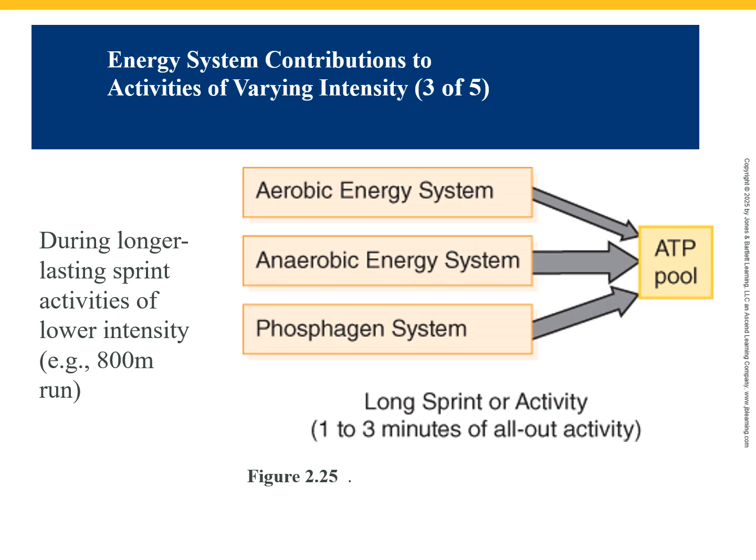So then we have to start pulling on our next system, and that's where carbohydrates are going to start feeding through that glycolysis system, and that's our anaerobic energy system. So that starts turning, and remember, we only get a couple ATP from that. It's not really generous, but it'll give us enough ATP in that pool to be able to continue that activity. And that's for our long sprint of 1 to 3 minutes of high intensity, all out activity.